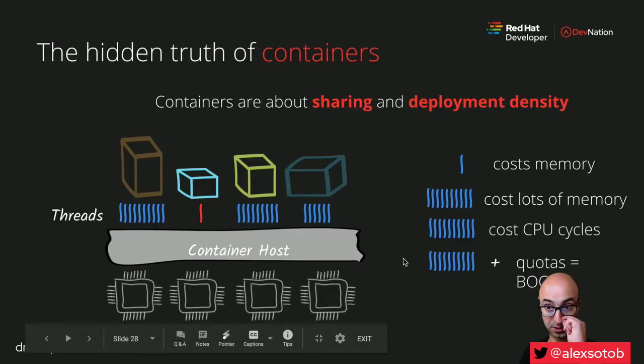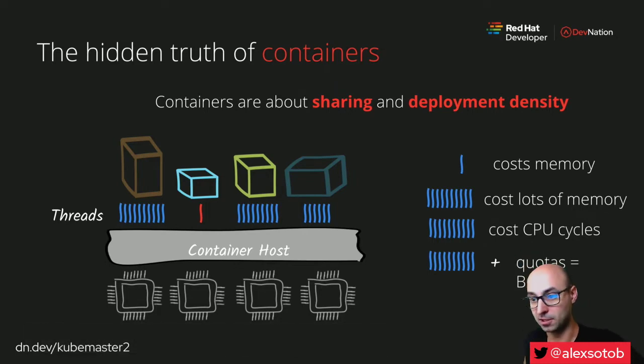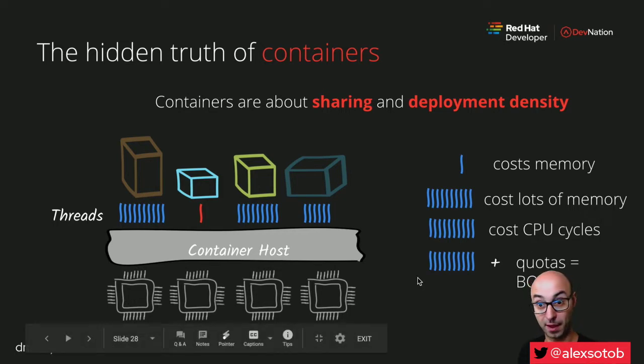And this is important because at the end, containers are about sharing and deployment density. Sometimes people think that containers are a way to isolate processes, but that's not true. Because we are isolating the processes, but at the very end this process runs over the CPU, and it's a physical CPU running them.